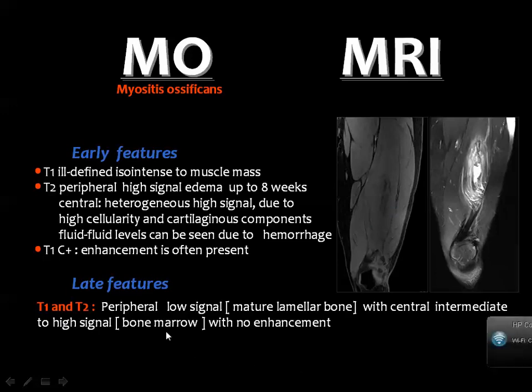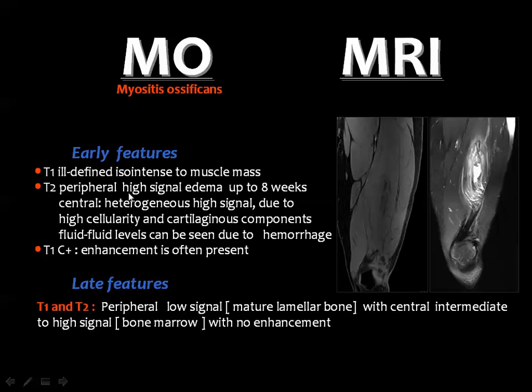Then the best way to deal with myositis ossificans, if clinically suspected, is to have plain film or CT scan. Then these two imaging modalities can be followed after that by MRI. But if the initial investigative tool is MRI, you may make some mistakes. Then this lesion will appear in the T1 isodense to the muscle, as you can see here.